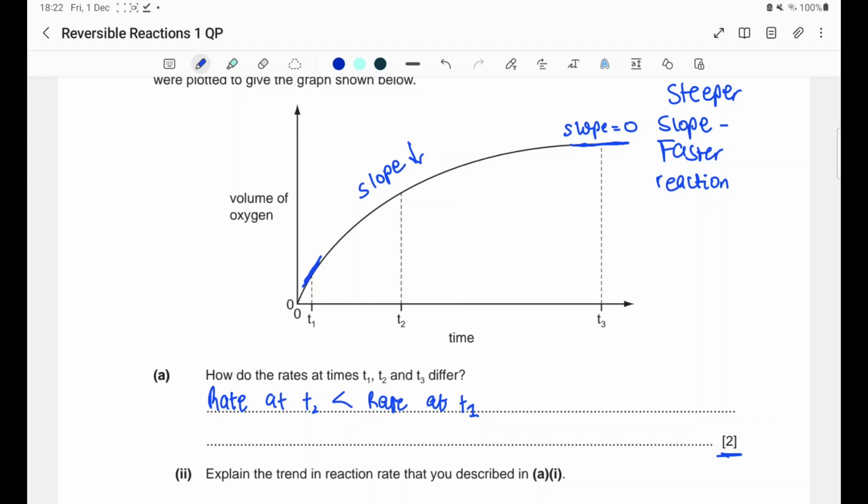And then for your second point, you can say that rate at T3 is 0. And what's actually happening here, for your understanding, is that the reaction is finished. So every time your line goes horizontal, it means that your reaction has finished up. Your reactants are used up completely.